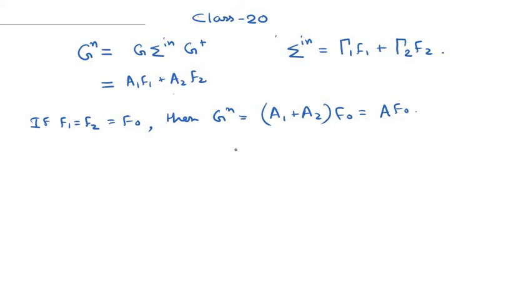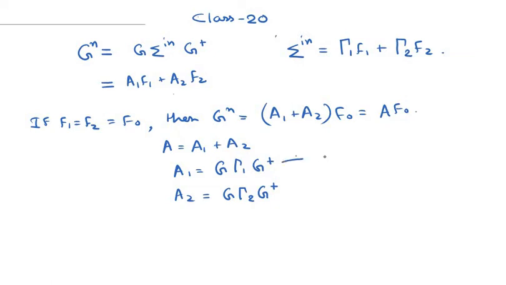So this basically tells us that the spectral function a has two components, a1 and a2, where a1 is equal to G gamma 1 G dagger, and a2 is equal to G gamma 2 G dagger.